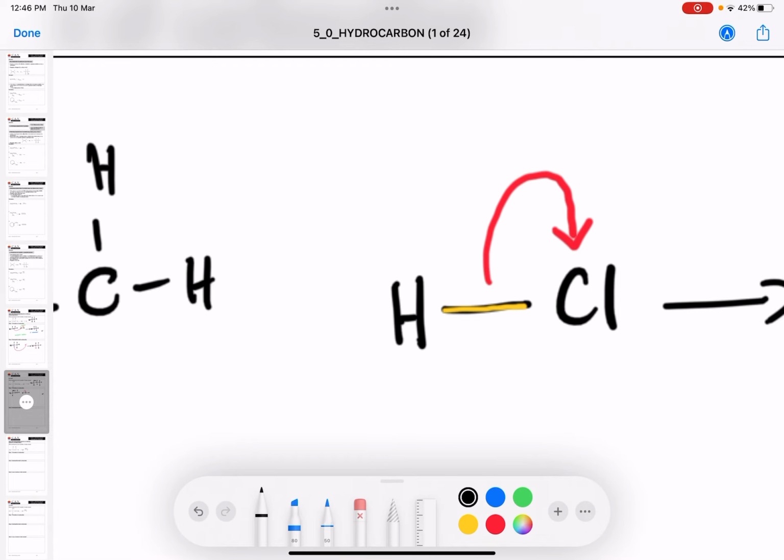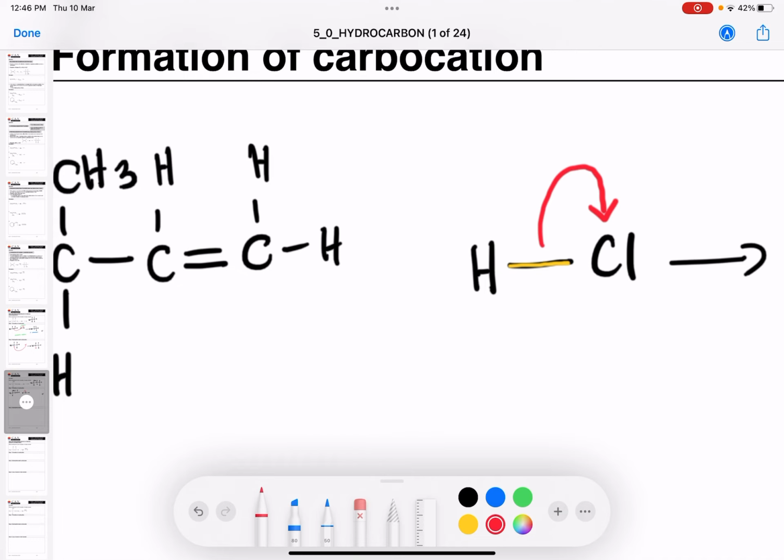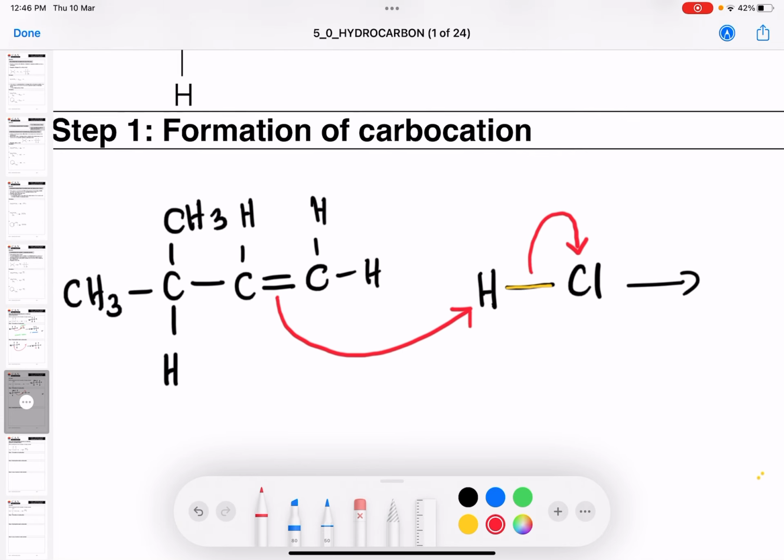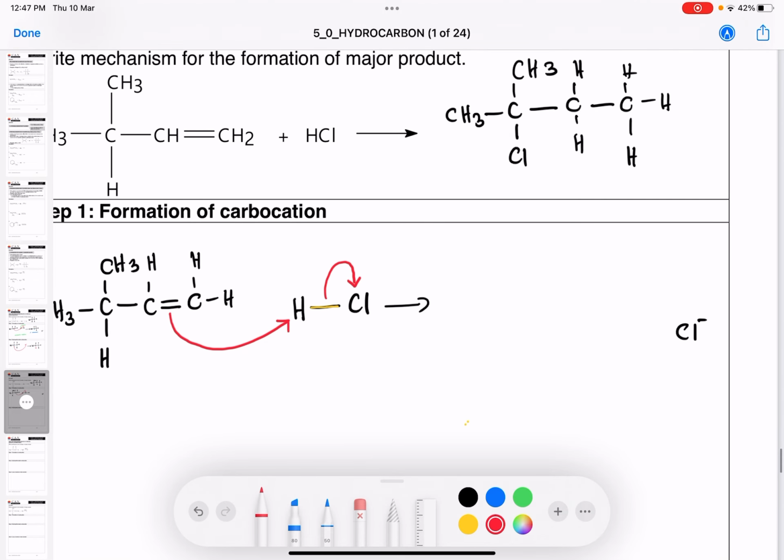H becomes H plus, and thus this double bond side will attack it, and it will produce CH3.